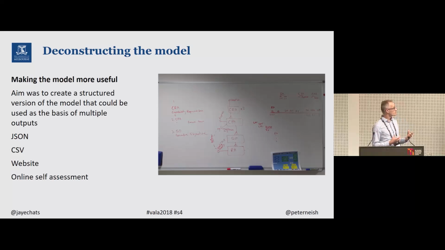So we wanted to be able to provide JSON, which is very good at showing nested structures of data, CSV, which is a very common standard, can be easily parsed and understood and preserved, but also create HTML outputs as in the existing CESSDA website, but also, as Jay said, we want to build a self-assessment tool which would be online.